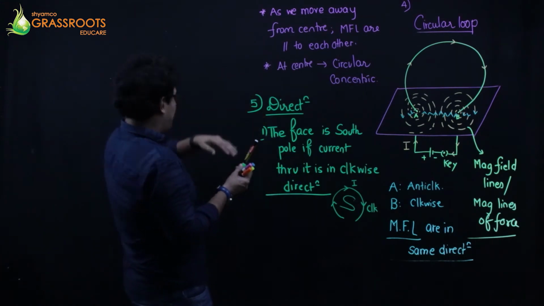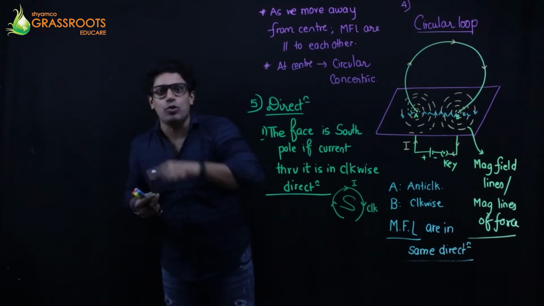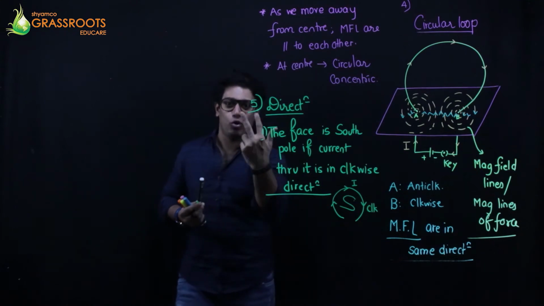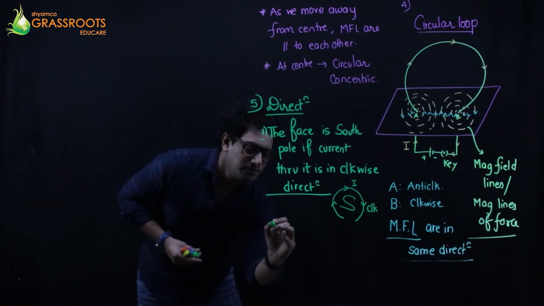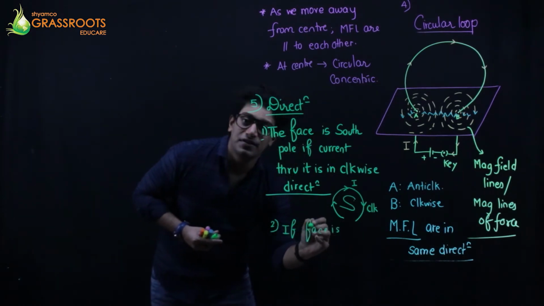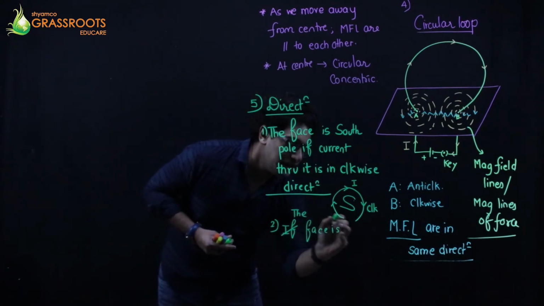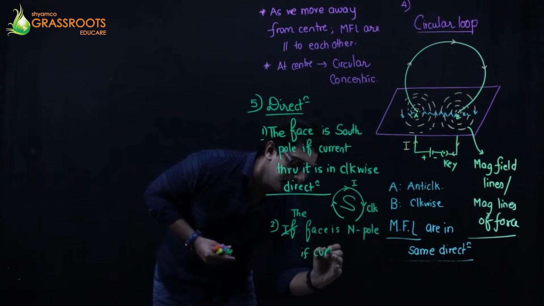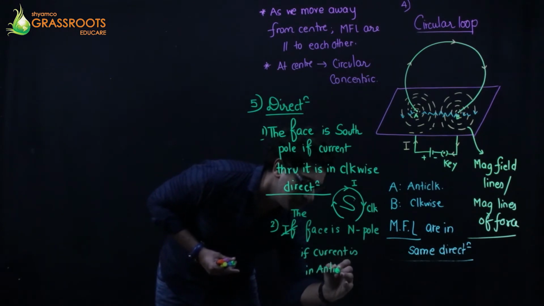However, from your side, if I'm looking from your side, if there is a wire out here, I can also see it and you all can also see from the other side. We both are on opposite sides of each other. So the face is north pole if the current through that face is in anti-clockwise direction.